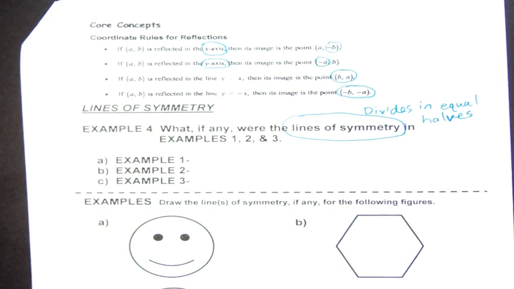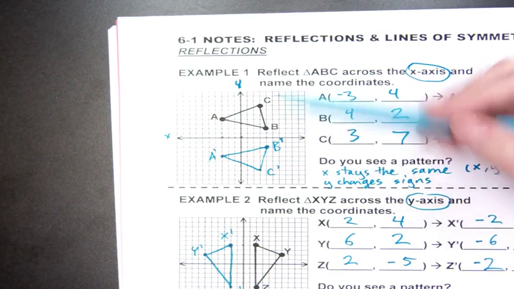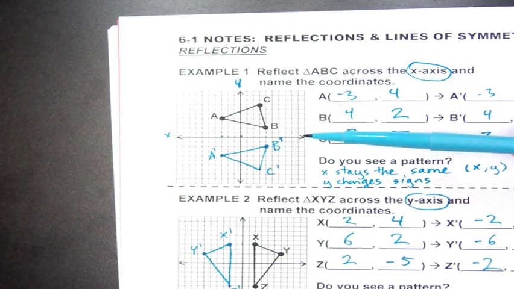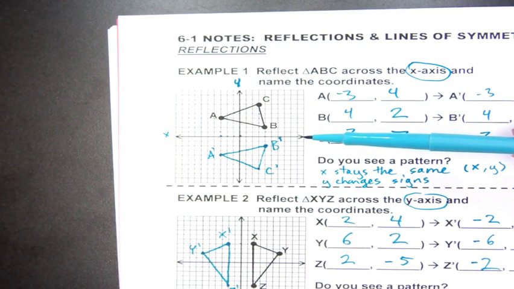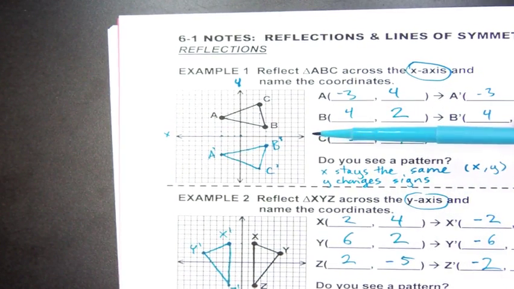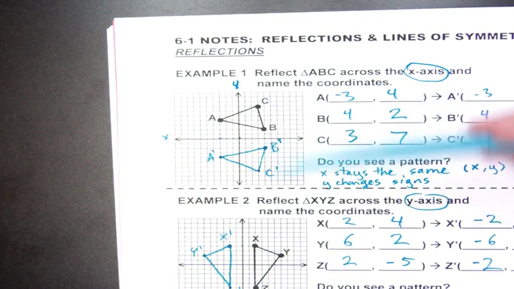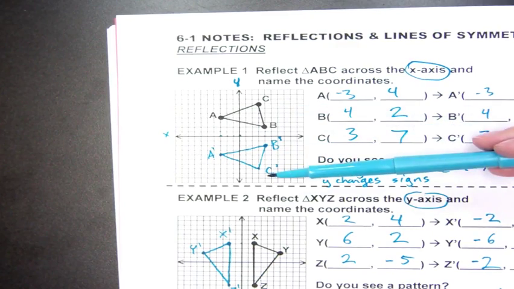If we look back at the figures that we graphed here, once I did my reflection, what's my line of symmetry in example 1? And what do we call this line here? Yeah, so it's just the line I reflected over that would be my line of symmetry, right? I could fold them over on top.